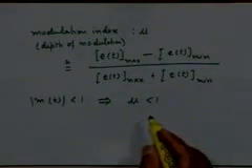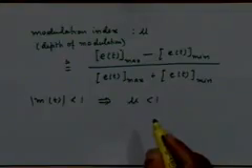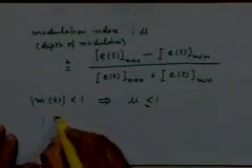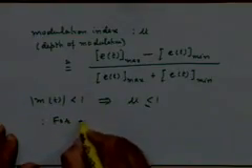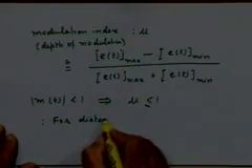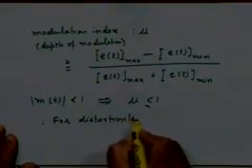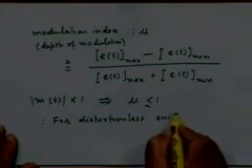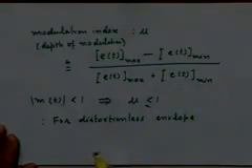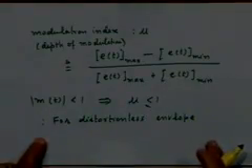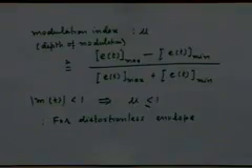Typically, the value of modulation index will be less than or equal to 1. This is the condition for a distortionless envelope. If you want the envelope to follow m(t) without distortion, this is the required condition.